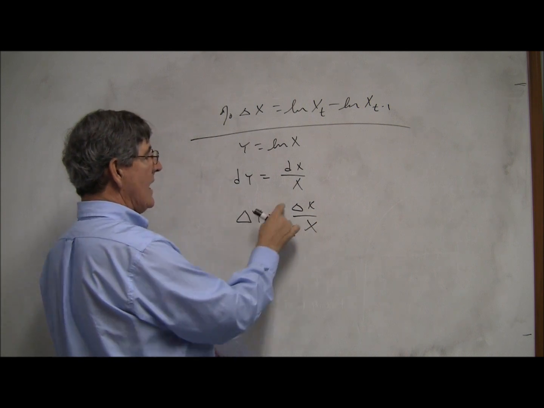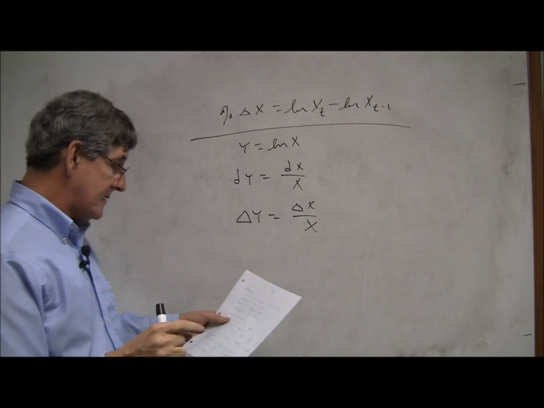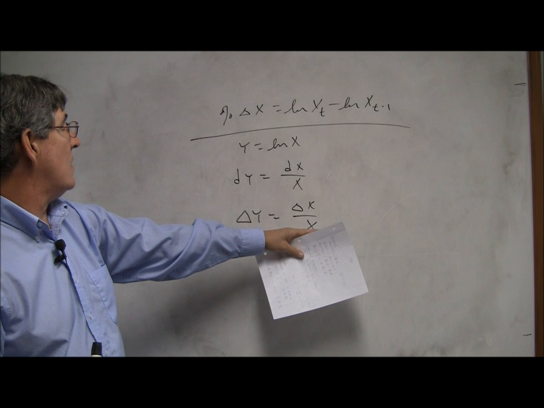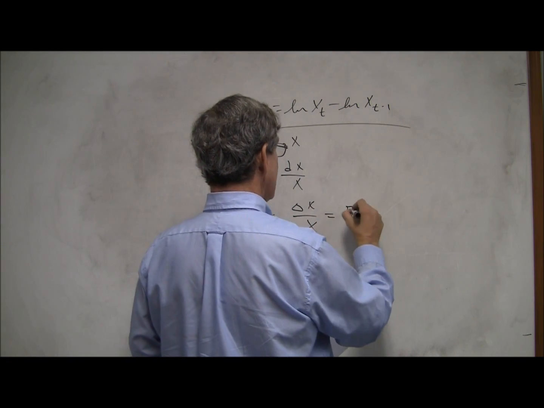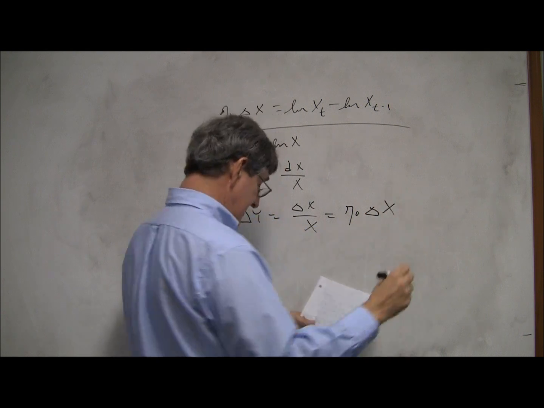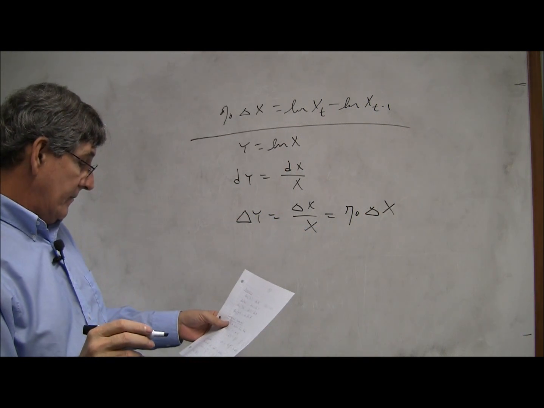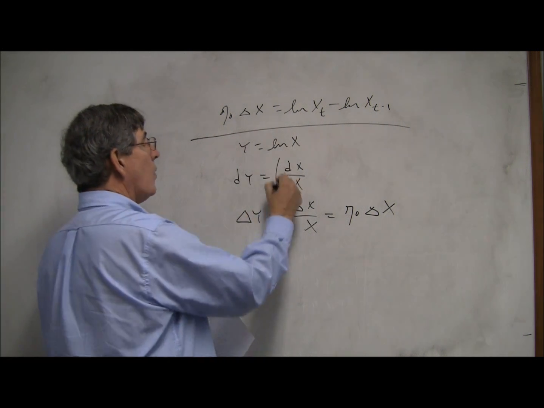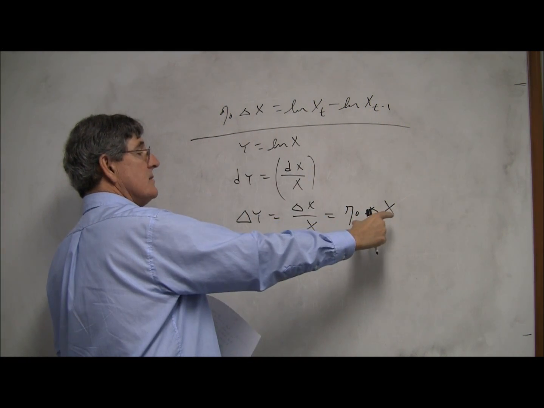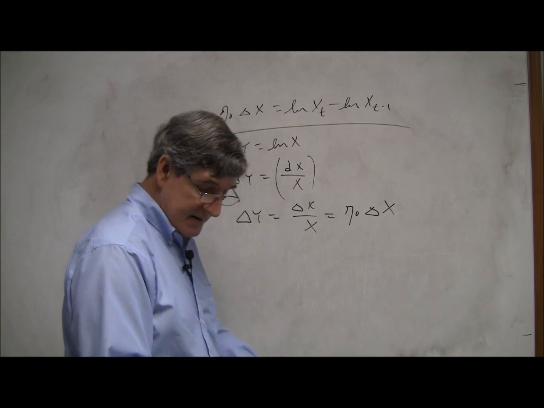The change in y is the change in x over x. But the change in x over x is just the percentage change in x. And so this quantity, dx over x, is the percentage change in x.